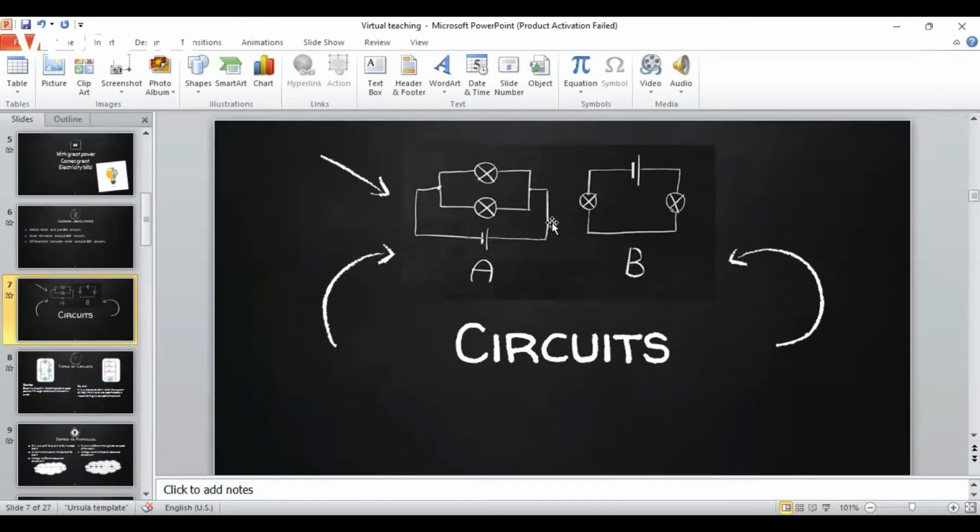As you can see here, one path going like this. These are the paths between two or more points along which the electric current can be carried. So circuits are paths through which the electric current can flow.